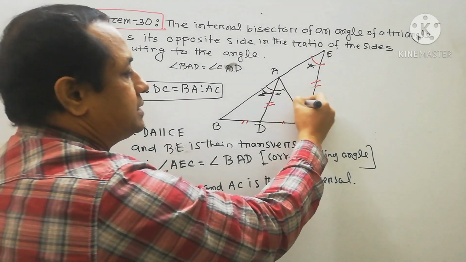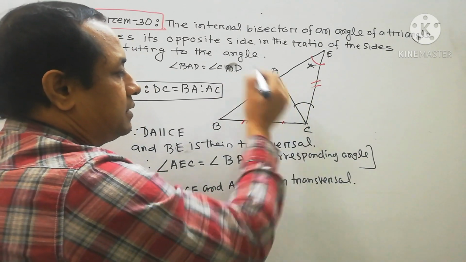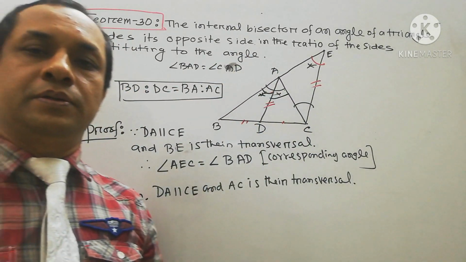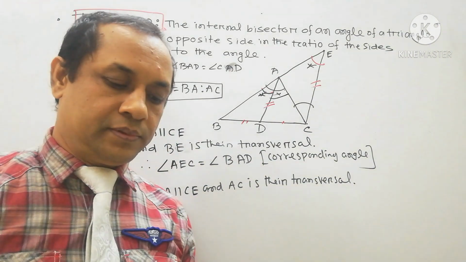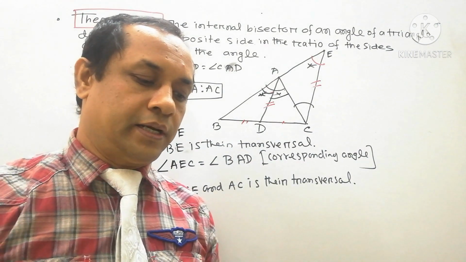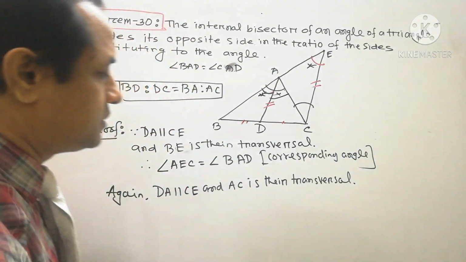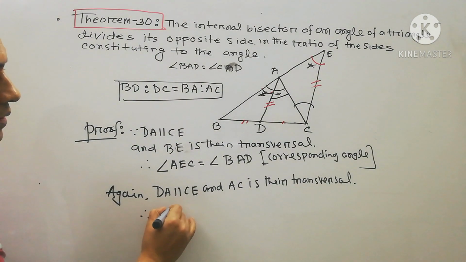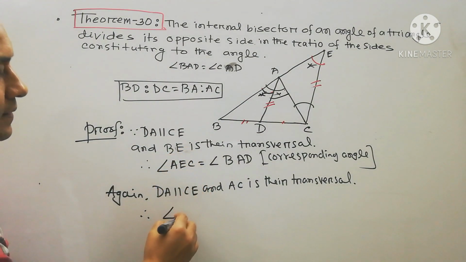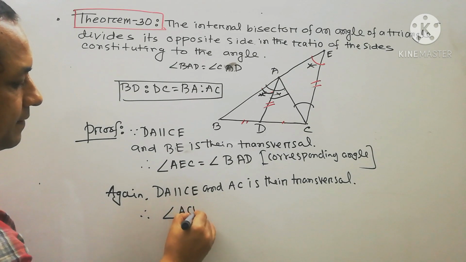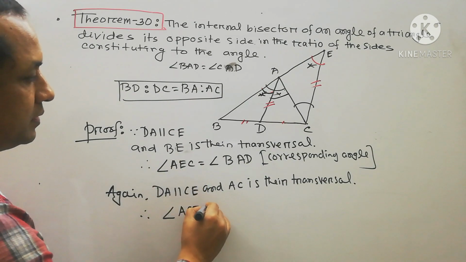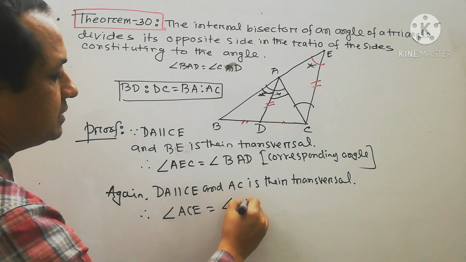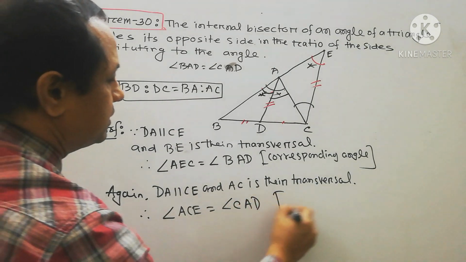So angle ACE equals angle CAD because they are alternate angles. Students, here angle ACE equals angle CAD, alternate angles.